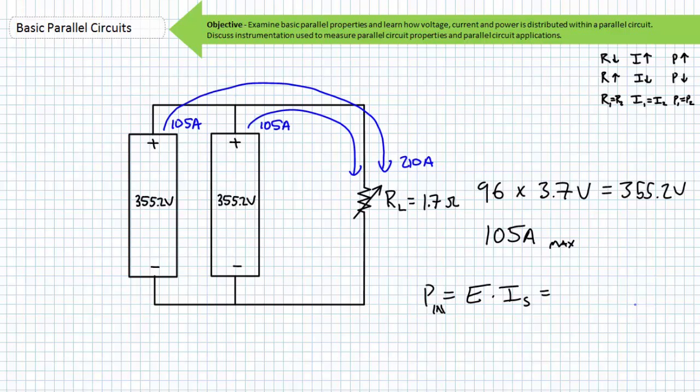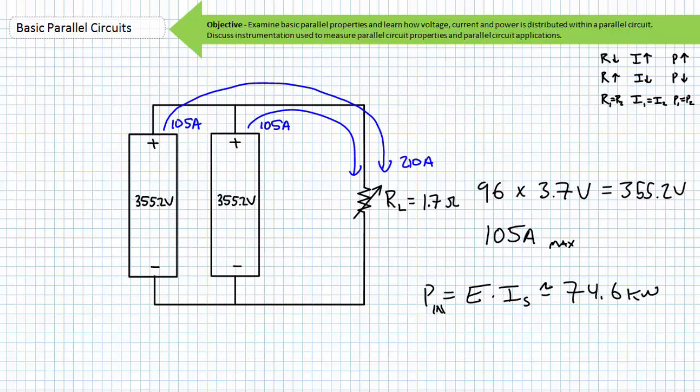A parallel combination of two strings of 96 3.7 volt batteries would still have 355.2 volts across them. However, two parallel strings are now capable of safely delivering 105 amps each for a total combination of 210 amps. Both sources would in effect be supplying approximately 37.3 kilowatts each for a total input of approximately 74.6 kilowatts.